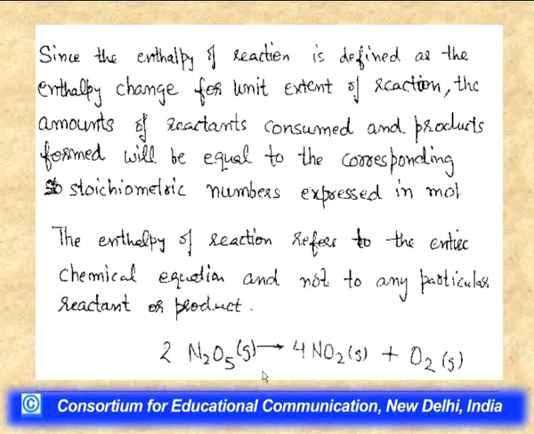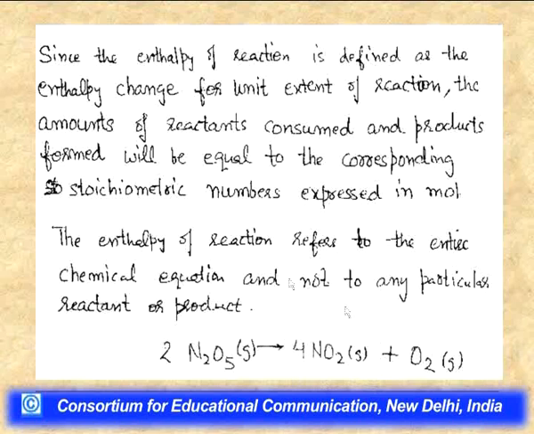We are not saying that when so and so mole of nitrogen dioxide is formed, then it is the reaction enthalpy. Sometimes we make a misconception by saying that 1 mole of so and so product is formed in a reaction, then we call it the reaction enthalpy. But it should be made very clear that reaction enthalpy means the enthalpy change of the system for unit extent of reaction, that is, the reaction has proceeded in the forward direction with xi value of unity.